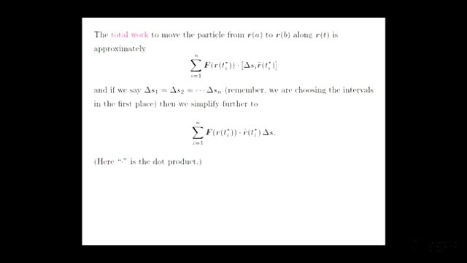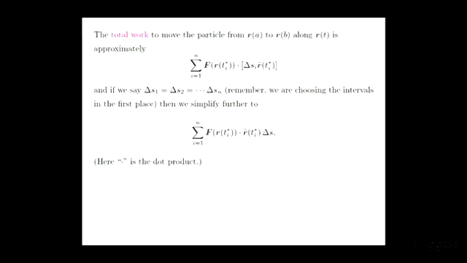All right, so that means that the total work to move the particle from r(a) to r(b), we have to walk along our curve and count the individual contributions of work at each position. We're going to get resistance from the force field no matter where we move. So this is why an integral is needed, because we need to count the contribution of work at all time, and time is a continuous spectrum.